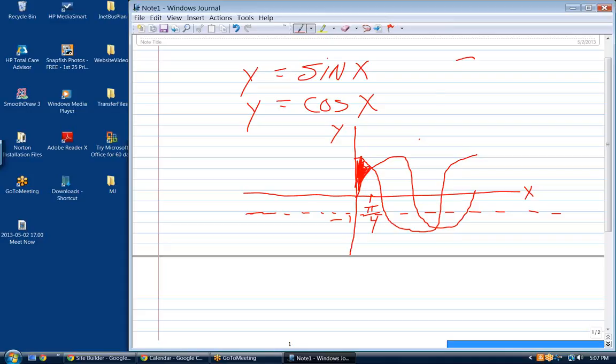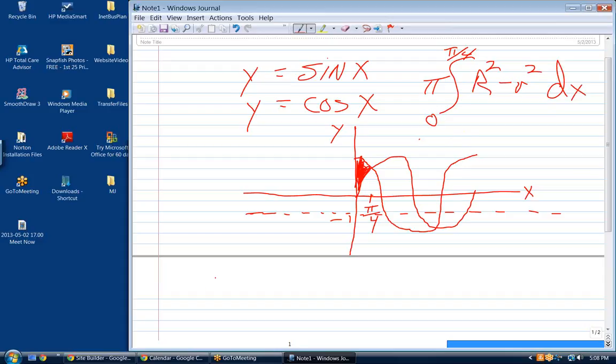So we're going to go from 0 to pi over 4, and it's pi times big R squared minus little r squared dx. So far, so good? Yep.